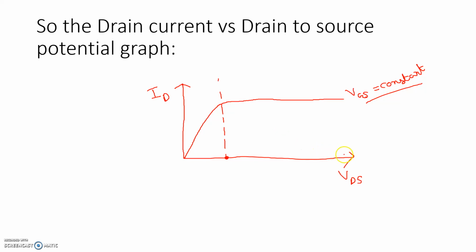Now one question may arise in your mind: suppose I keep on increasing VDS, will we get constant ID for the whole region up to infinity? No, it will not happen. Basic electronics concept says that after a very high value of VDS, the MOSFET should not work; it should burn, or go to the breakdown region. That is what happens in electronics.